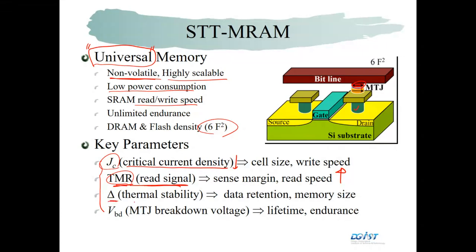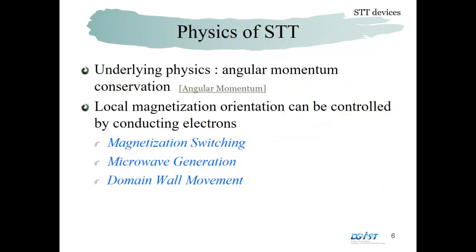And delta, in other words, is called thermal stability. In every memory, our stored memory can be switched after a long time, because we are talking about binary memory. If we store the information here, we have an energy barrier. This energy barrier can be overcome by tunneling.